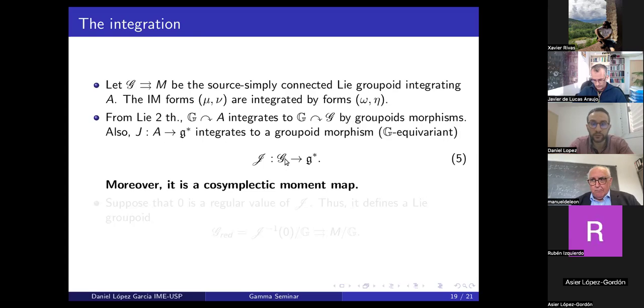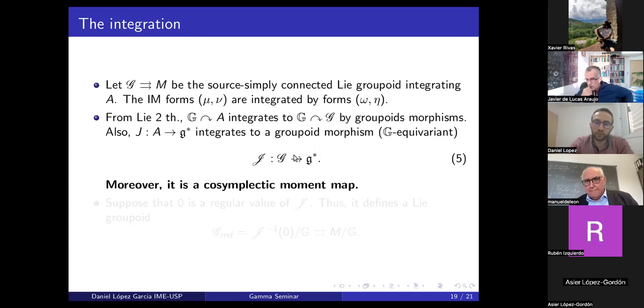Now I consider the groupoid structure here, the natural groupoid structure, which is over a point, and the structure is given by the abelian structure here. I mean the sum in this vector space.